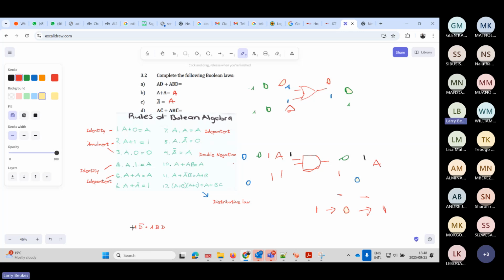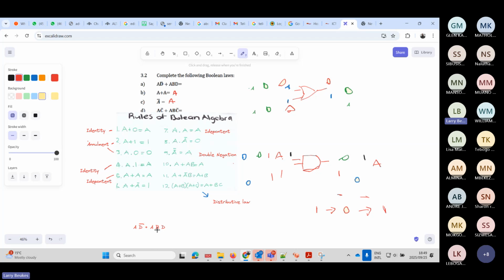So here we see that A is basically the common factor. We can take A out, but now if we take A out, we're going to have D naught plus BD, right? Then we are done. We can't do anything.